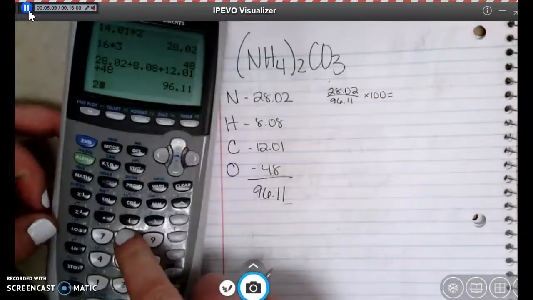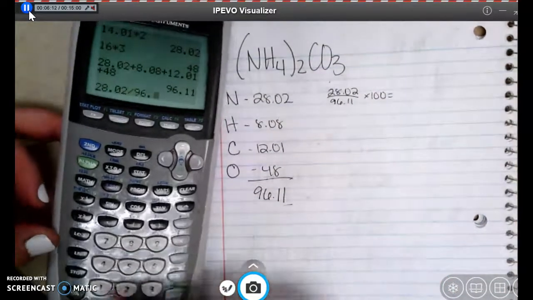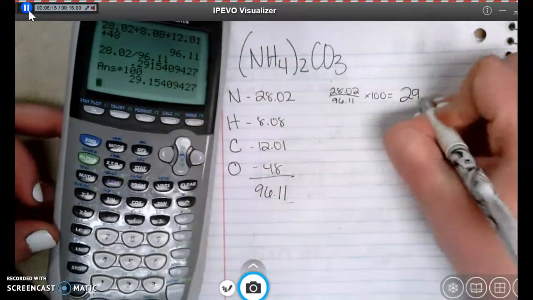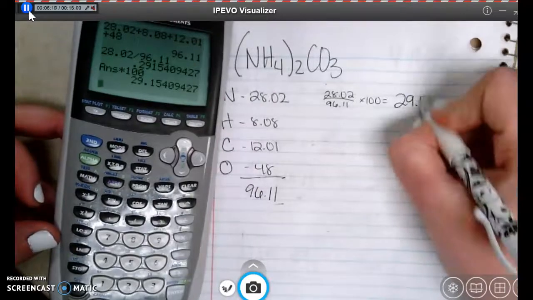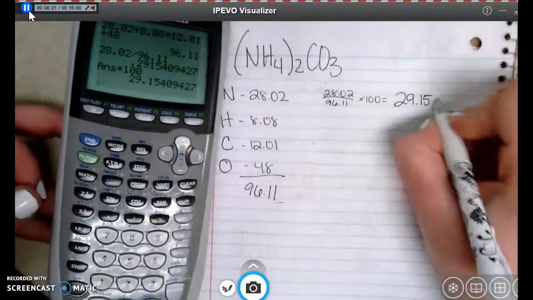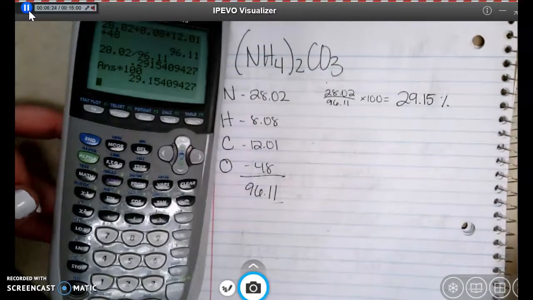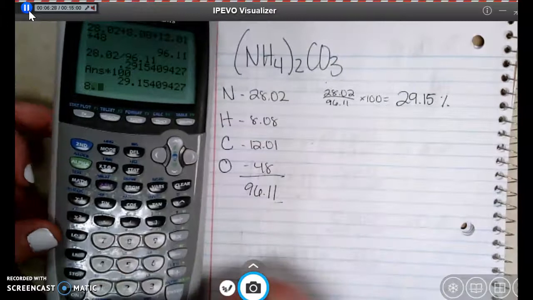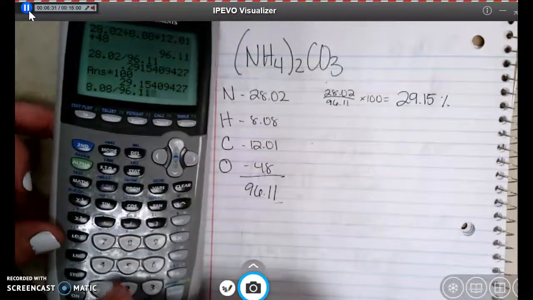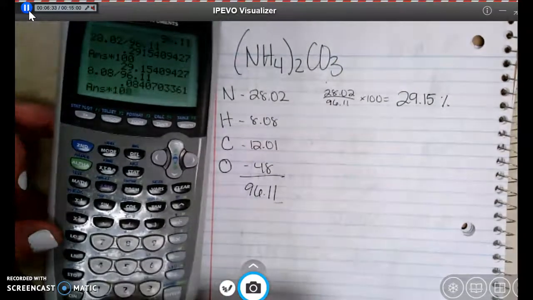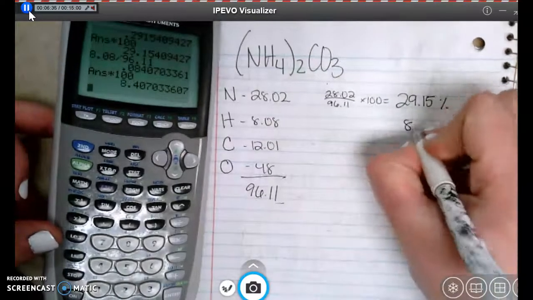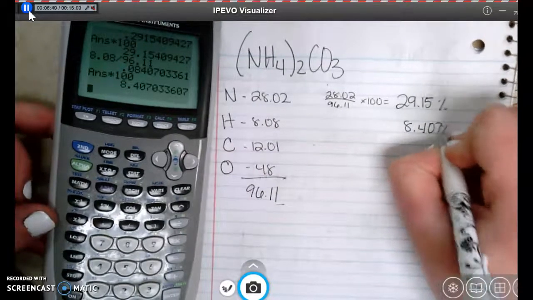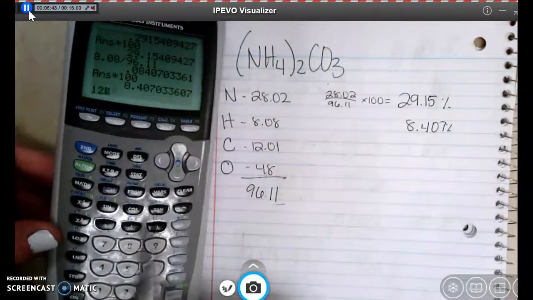For nitrogen, 28.02 over 96.11 times 100 gives me 29.15%. For hydrogen, 8.08 over 96.11 times 100 gives me 8.407%.